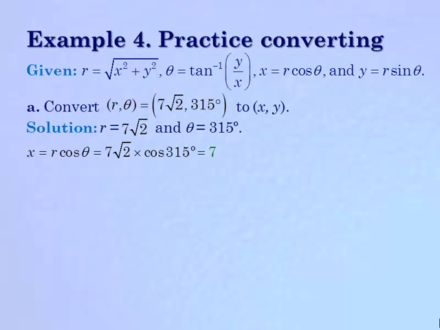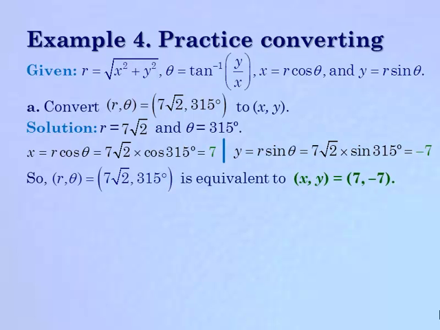That'll calculate out to 7. And the y value is equal to r sine of the angle, which is 7 square root of 2 times sine 315 degrees, which equals negative 7. So r, theta is equivalent to x, y of 7 and negative 7.